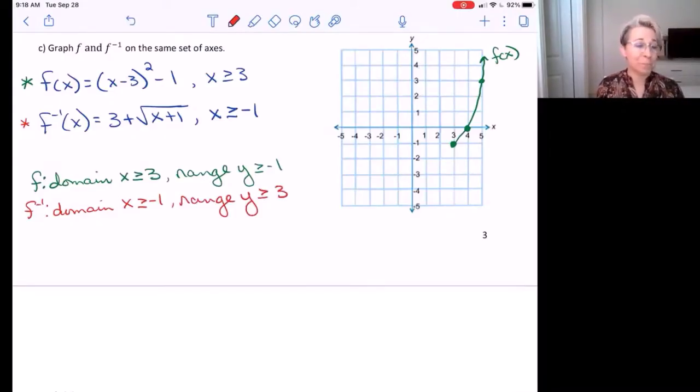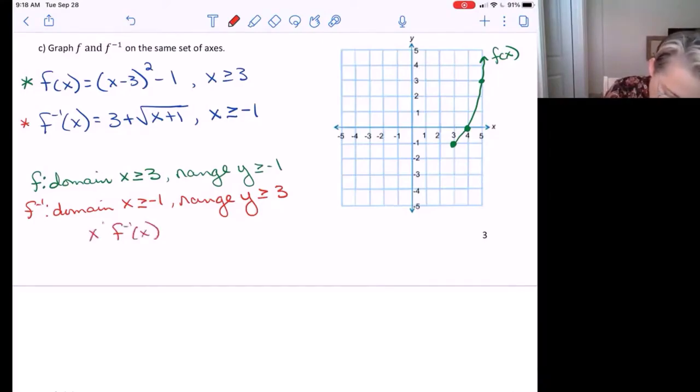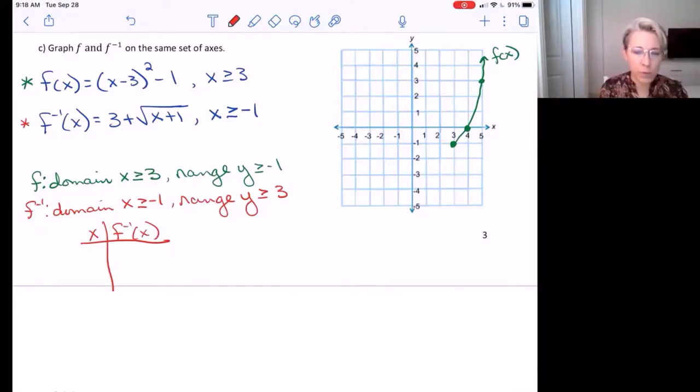Kind of cool, right? Let's choose some values for the f inverse. We've already graphed f. So if we have x values and f inverse values, remember, if one has the point (a, b), the other one has the point (b, a). And also, I want that square root to come out to be a nice, perfect square. So let's choose some numbers wisely.